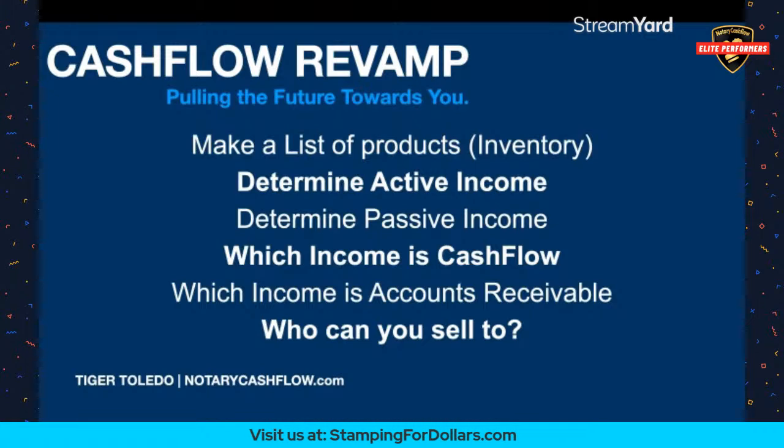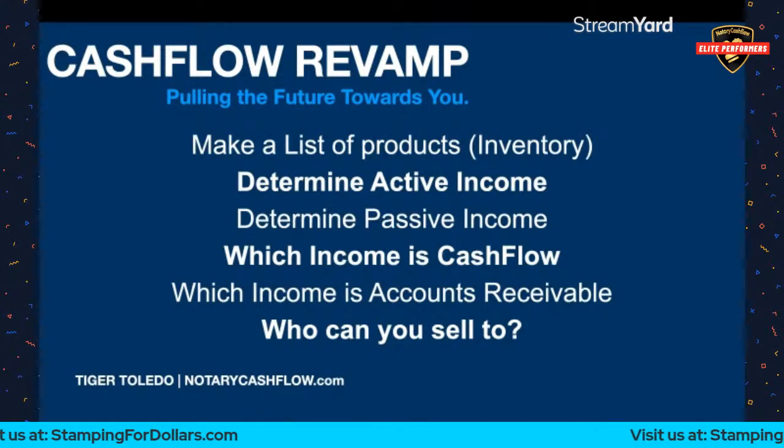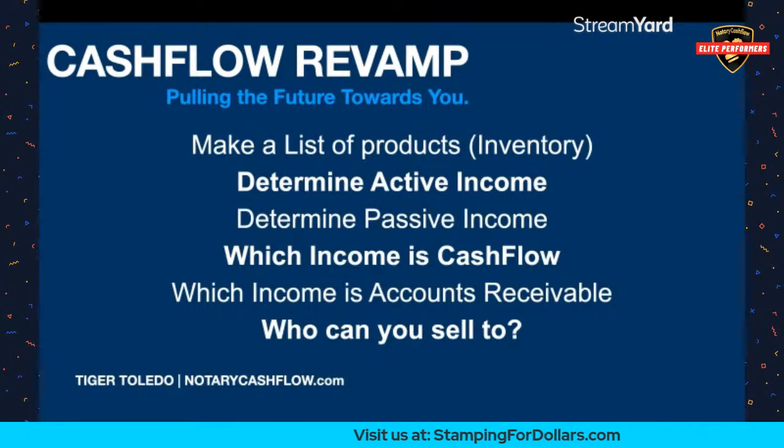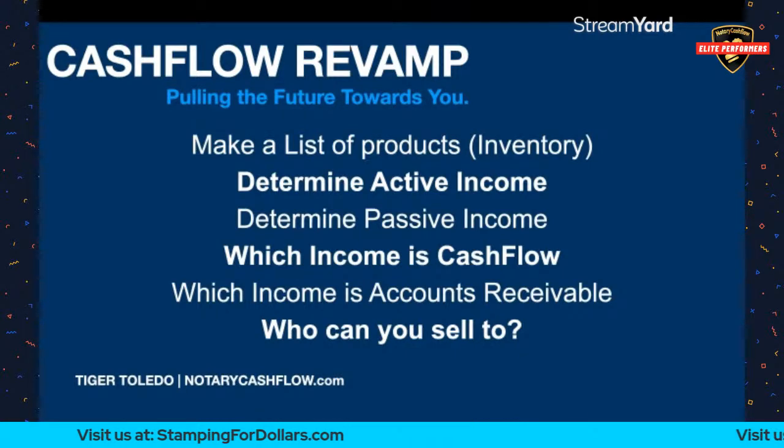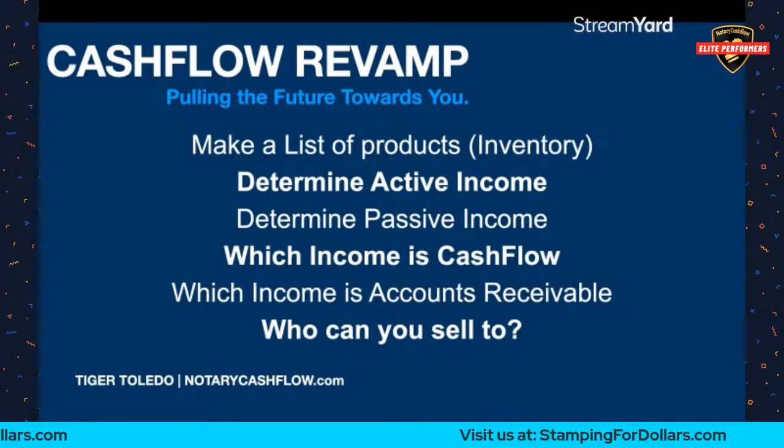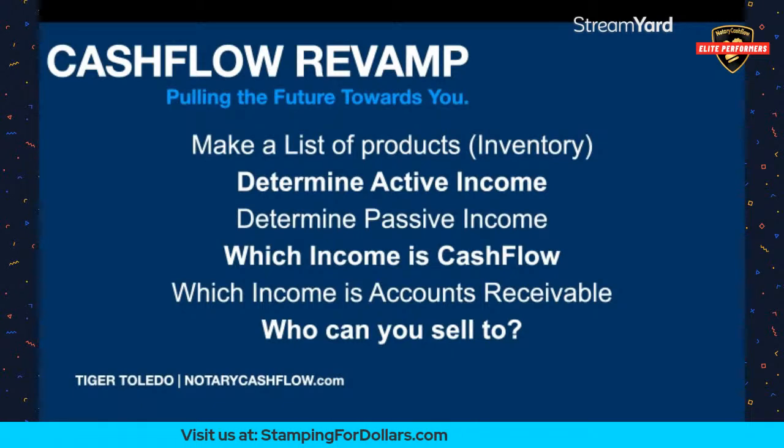They give you the option to choose. So you can do an active income where it pays out every single day or every week or every month. It's completely up to you. Of course, there's fees attached to that depending on the frequency that they're paying out, but you can either make it into cash flow or you can make it into account receivables.